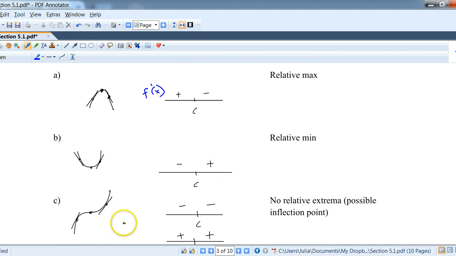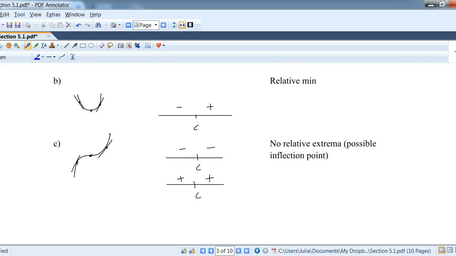And we may have no relative extrema. Maybe it's a possible inflection point, although more information is needed, but the sign does not change. So it's either decreasing, may slow down or speed up, depending on if the derivative is undefined or 0, and continues, let's say, slowing down, decreasing, or vice versa. So if there's no change in sign, we do not have an extrema at that point.